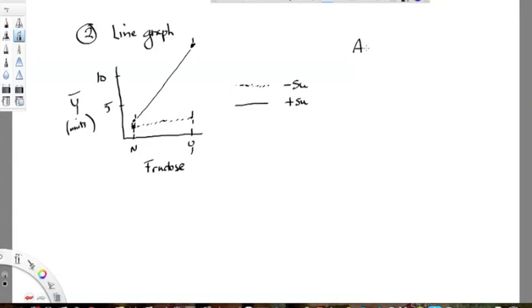So let's talk about advantages of the line graph. And again, this is actually a fairly commonly used way to show responses. So one advantage is that it clearly shows the differential slope.